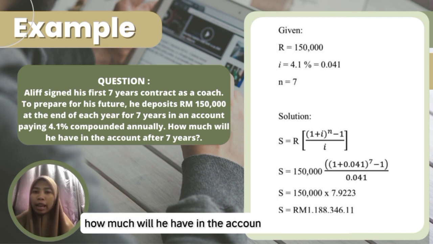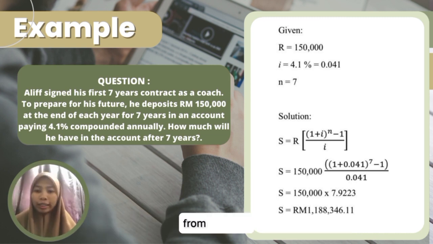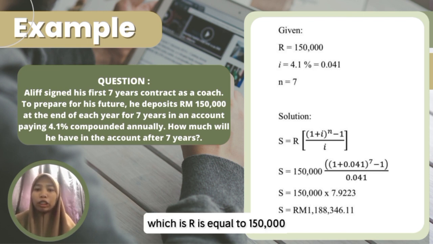How much will he have in the account after 7 years? From the question, R is equal to 150,000, i is equal to 0.041, and n is equal to 7 years.